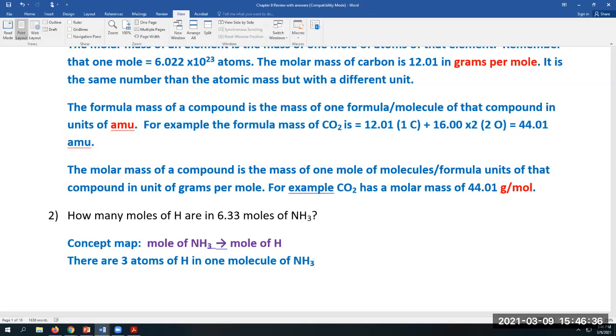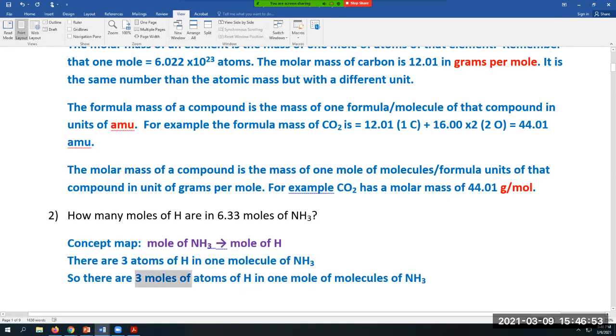And so if you multiply these 3 atoms by the Avogadro number, that means you will have 3 moles of H, right? So if we write this in number of moles, there is 3 moles of atoms of H in 1 mole of molecules of NH3, right? You just multiply everything by moles. But the ratio is the same, 3 moles of H in 1 mole of NH3.